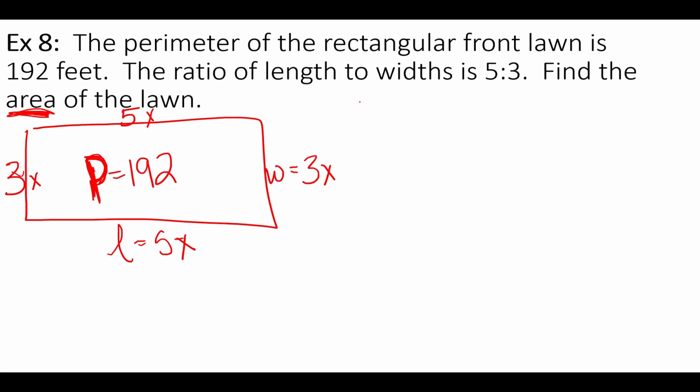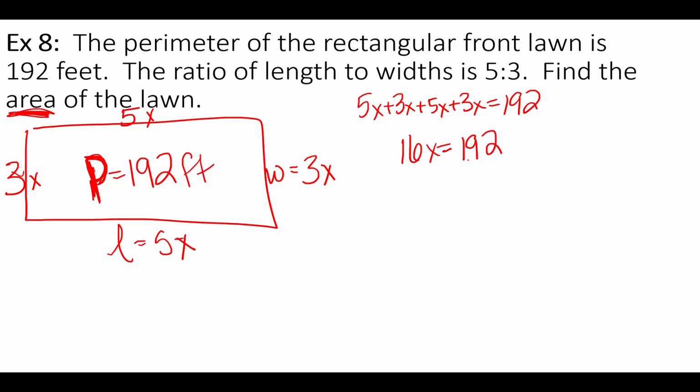So that's how we're going to set up our problem: 5x plus 3x plus 5x plus 3x is equal to 192 feet. 5 plus 3 plus 5 plus 3 we said was 16. So 16x is equal to 192, divide by 16 on both sides.